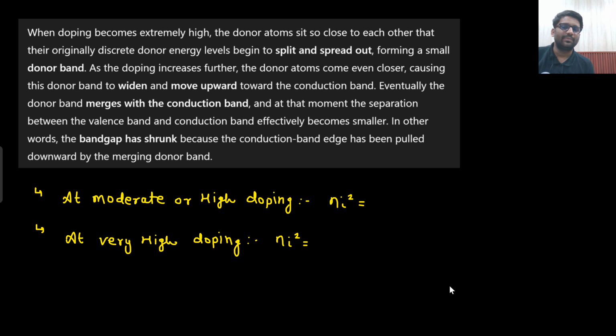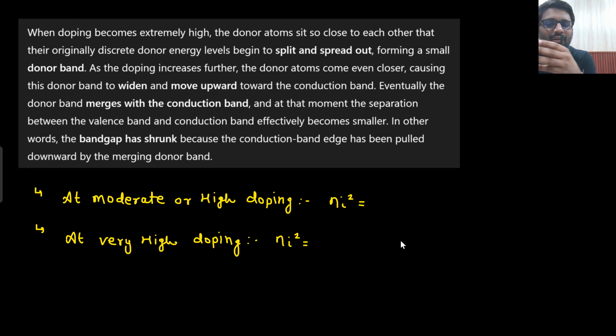So let's solve this particular numerical, but before that, let's read out the theory. When doping becomes extremely high, the donor atoms sit so close to each other that their original discrete donor energy levels begin to split and spread out, forming a small donor band. As the doping increases further, the donor atoms come even closer, causing this donor band to widen and move upward towards the conduction band.